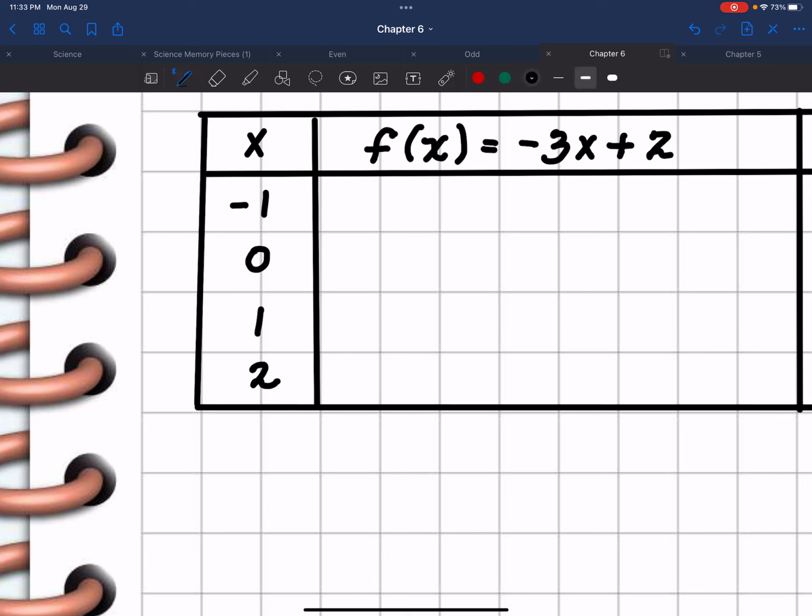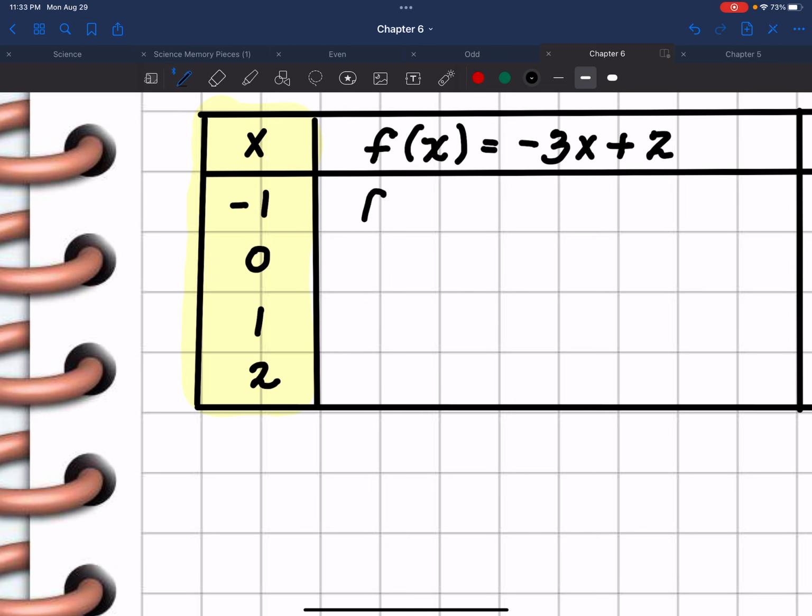I do always want to include a negative just to see what's happening in the negative world. So these are the x values that we're working with. You could pick any ones you want. You could use negative 560.3, whatever you want. I just like the simple ones.